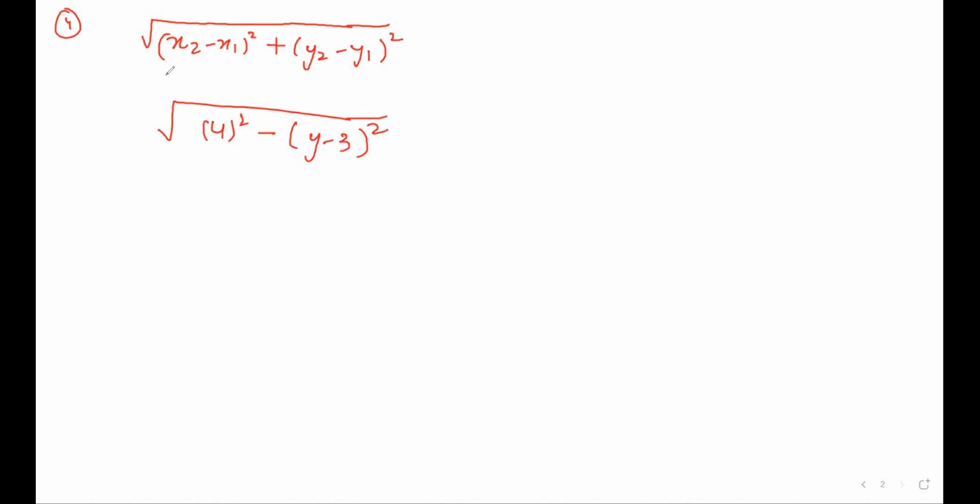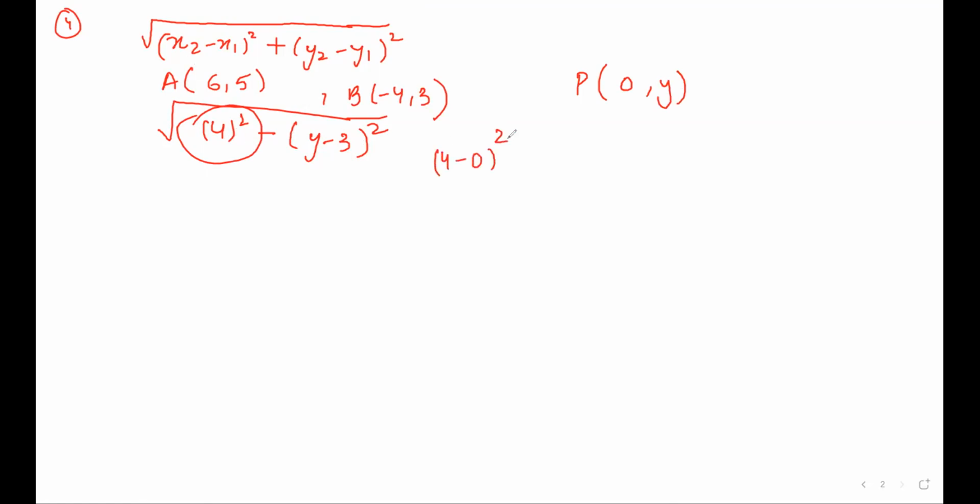A is 6 and 5, and B is minus 4 and 3. Let the point on the y-axis be some P. How do we take it on the y-axis? That means x coordinate is 0. So 0 and y. And then you will write 4 minus 0 whole square, like that. Correct? Yes, ma'am. So from where are you getting this y? You have not mentioned your point.